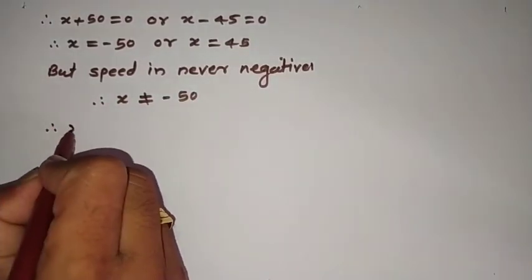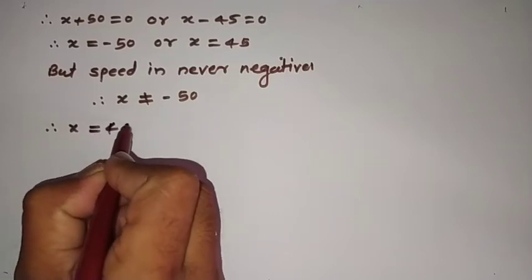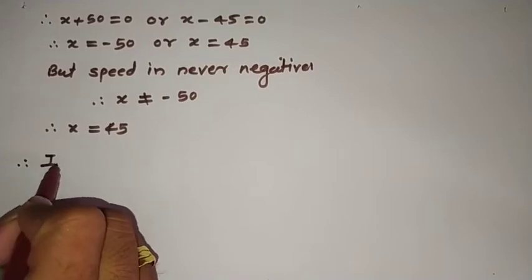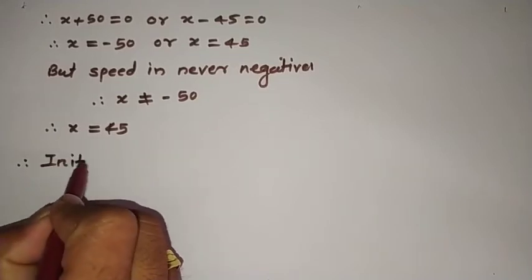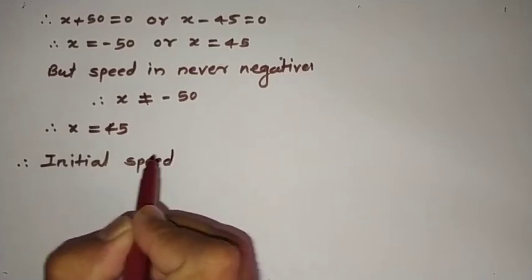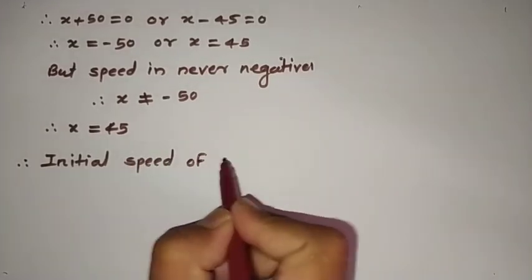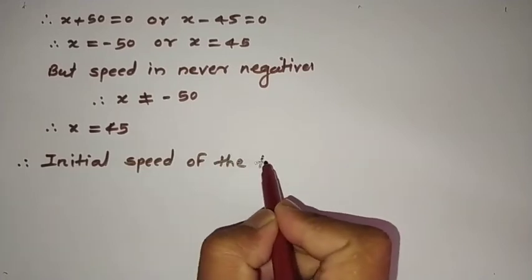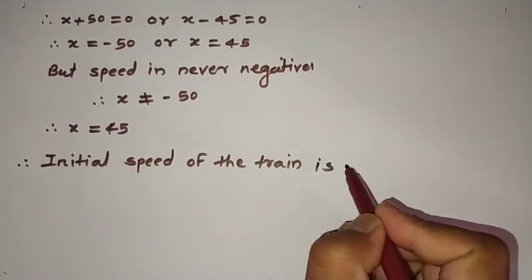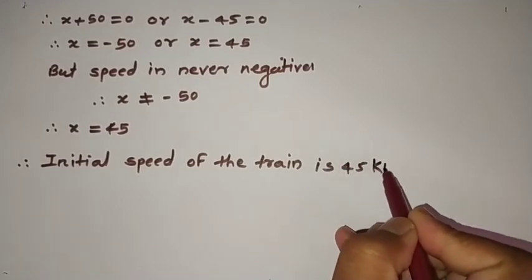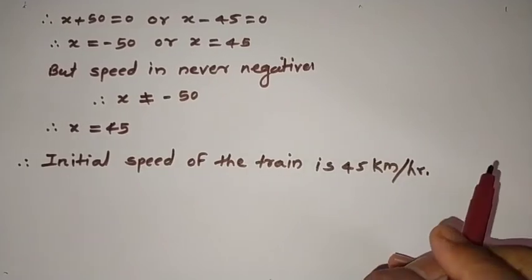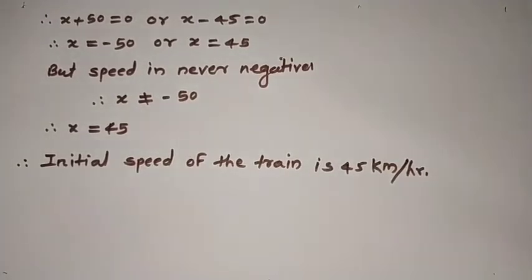Therefore x is equal to 45. Therefore the initial speed of the train is 45 km per hour. In this type, solve the above example.